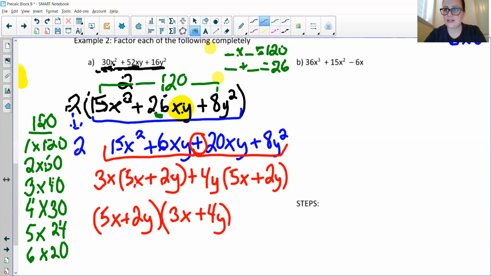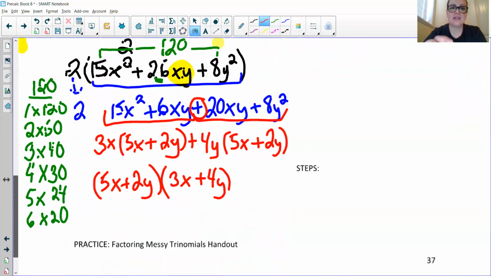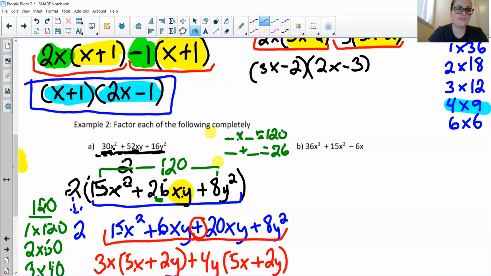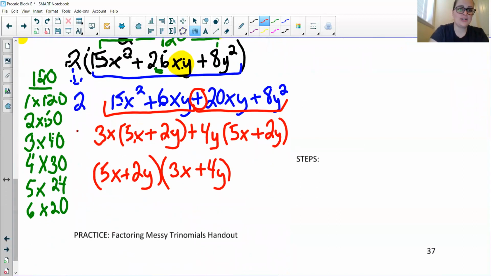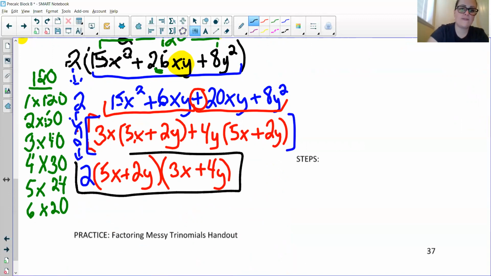And if you want to check to see how right you are, you can do the foiling arrow method, but we're not done because we can't forget that there was a 2 this whole entire time. There was this 2. Do you remember this 2 being here? So all we do is at the end we have to remember to put that 2 in there. Okay, and now that is our final answer.